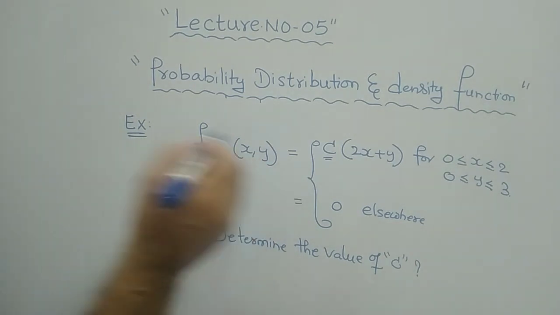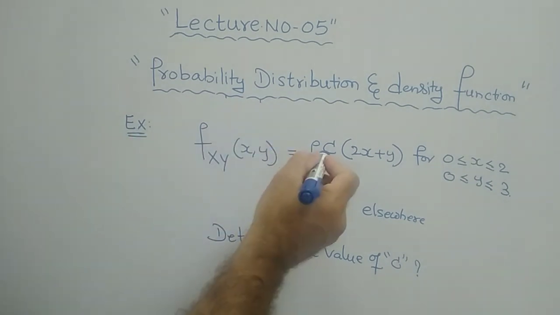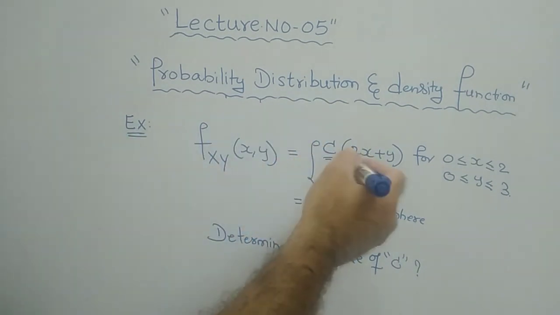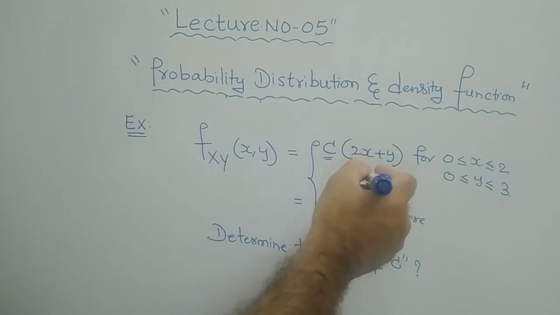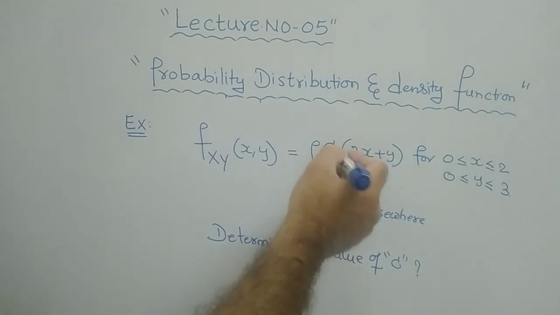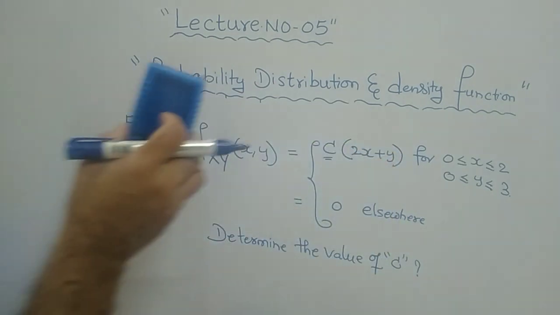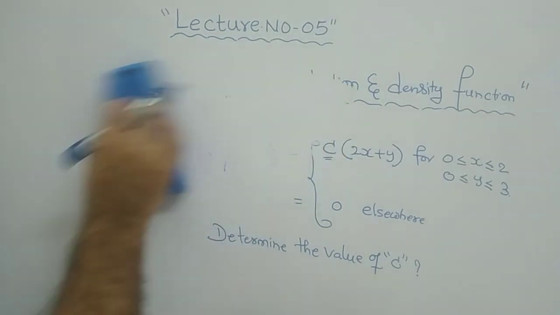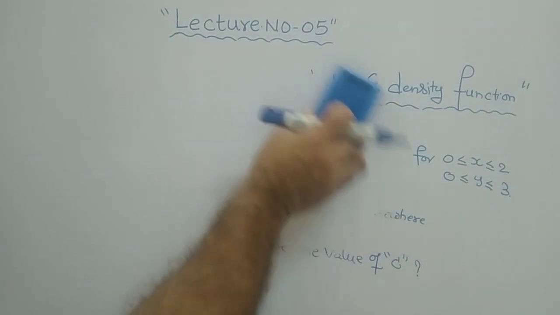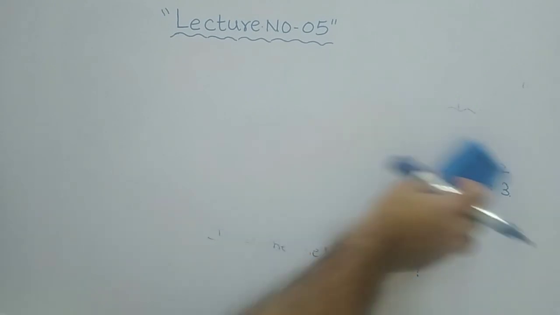Whenever the density function is given with certain constants in it, how do we find the constant? It is very simple: you use the second property of the density function.